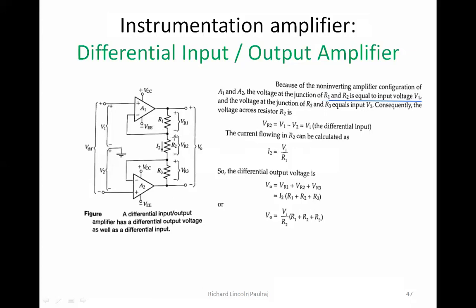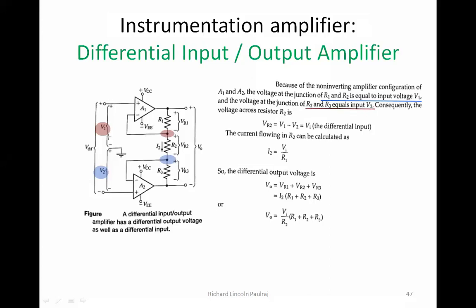So the one you see in brown will be equal to V1, and between R2 and R3 it actually equals whatever potential you have at V2. I hope it's now pretty clear how these are replicating the voltages at the input side.